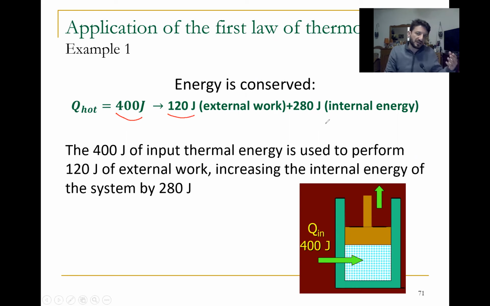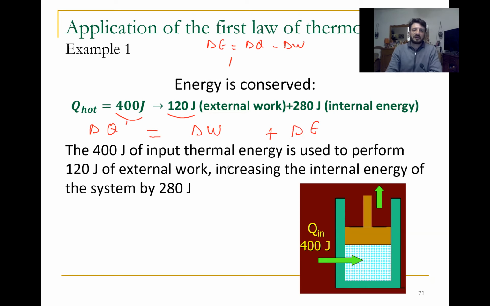So the energy added to the system equals the energy consumed by the system: delta E equals dQ minus d omega. So dQ equals d omega plus dE, the summation of the energy consumed by the work and the energy consumed by the internal energy.